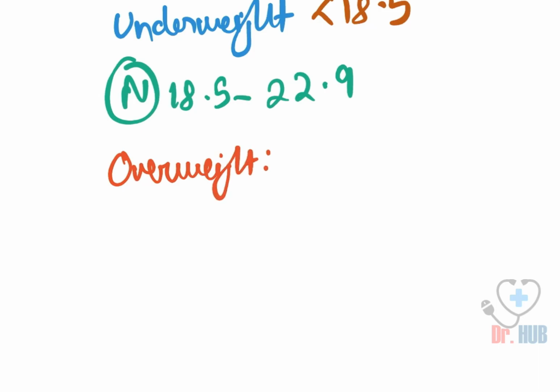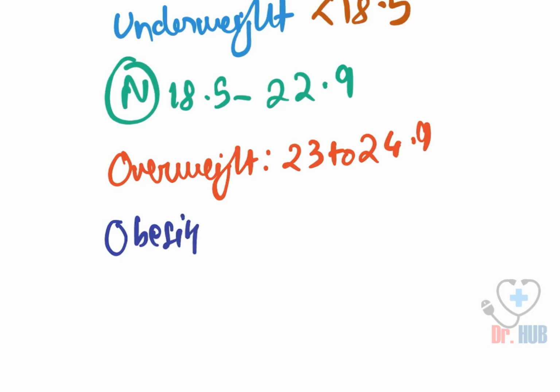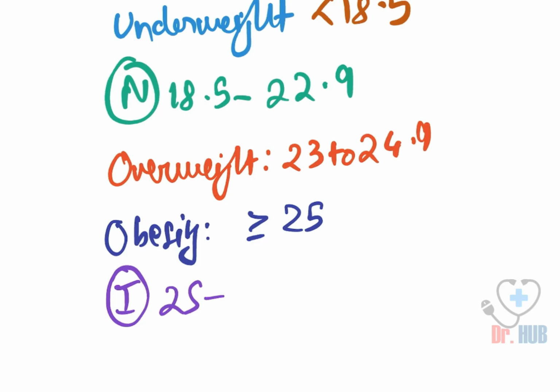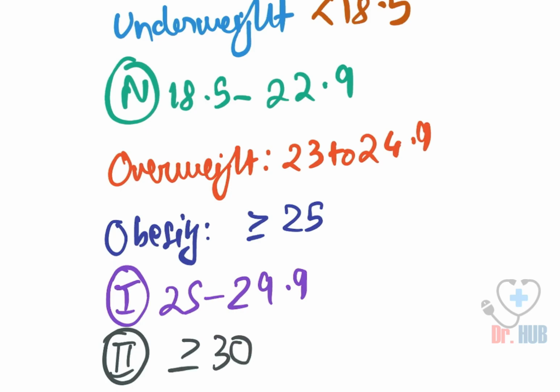In case of overweight, it is 23 to 24.9. Next is obesity, which is greater than 25. Class 1 obesity is 25 to 29.9. Class 2 signifies that it is greater than or equal to 30.